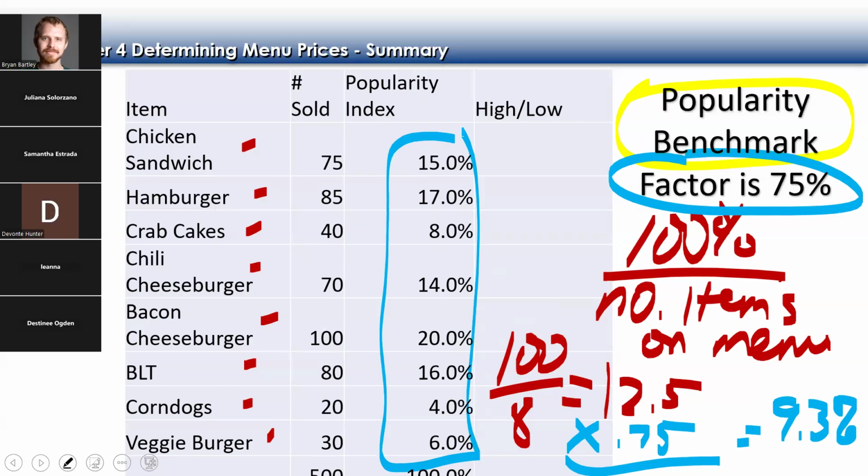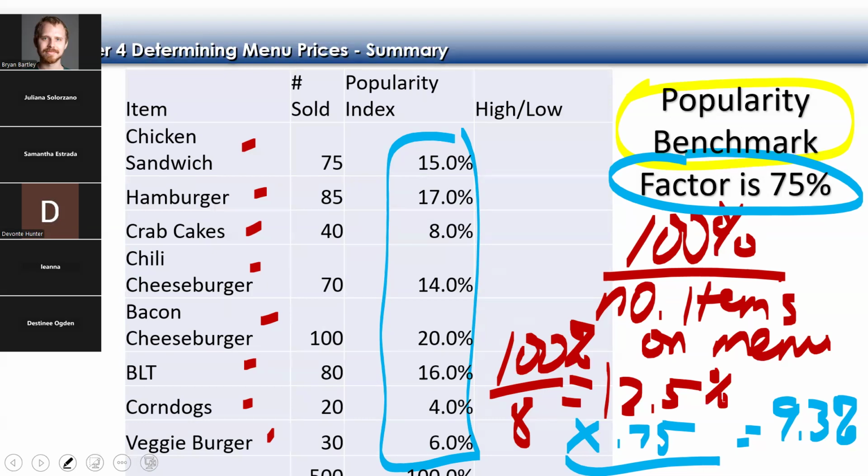I have a question. Why is the decimal where it's at there, like for the 75%? And you said that it was 12.5% for 100 divided by 8. Yes. So 100 divided by 8, the average is 12.5. If we took 100% and divided by 8, we're going to get the number 12.5%.